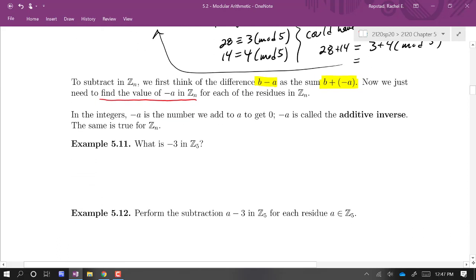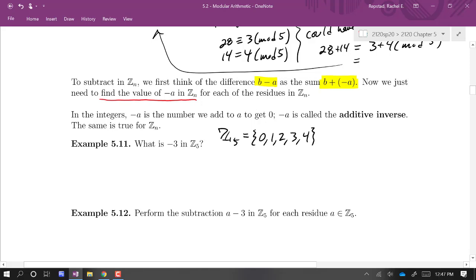The way that changes for us, or at least how we have to adapt this idea to our new sets, to the integers mod 5 or the integers mod 7 or something, is that in example 511 here, whatever negative 3 is has to be one of the values already in the set, right? Z5 contains integers 0 through 4.